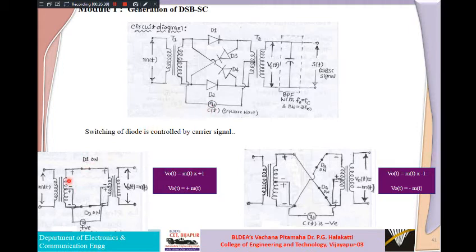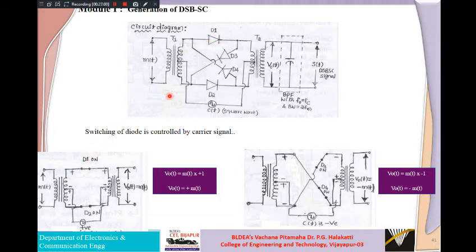During the positive peak of the carrier, the transformer is center tapped, so on either side we get positive and negative. As this top corner is positive, this corner is positive. Positive is connected to the anode of D1, which forward biases diode D1, so D1 is on.